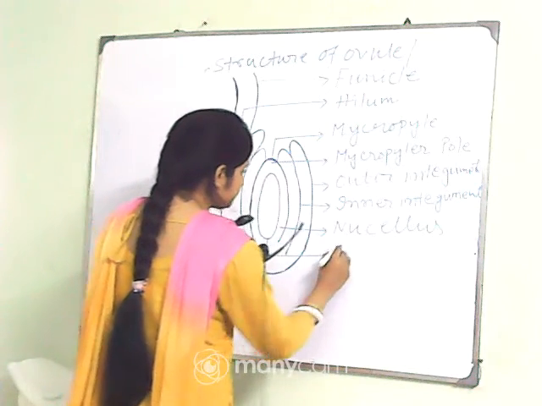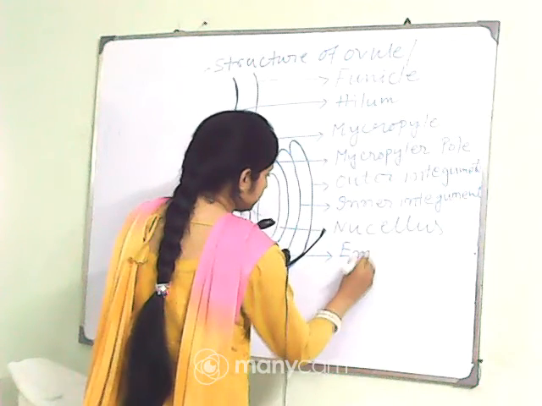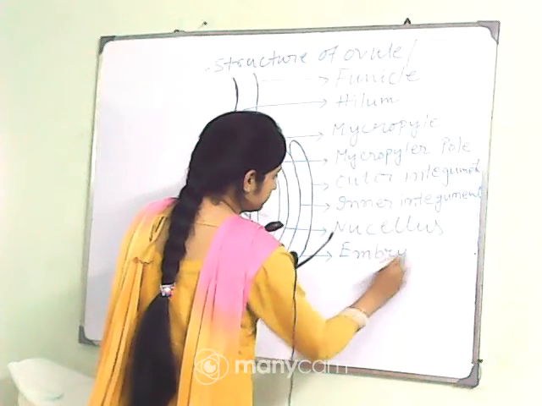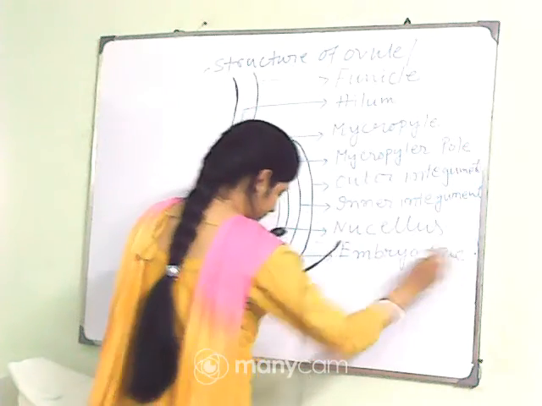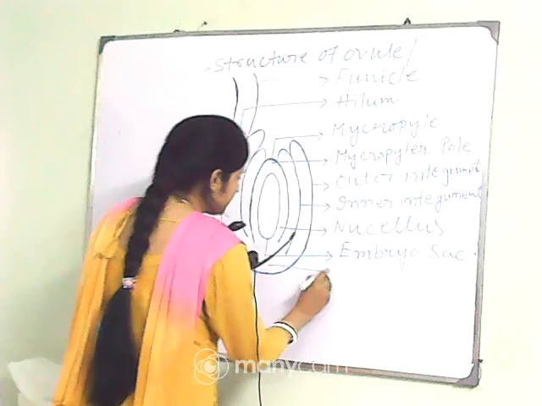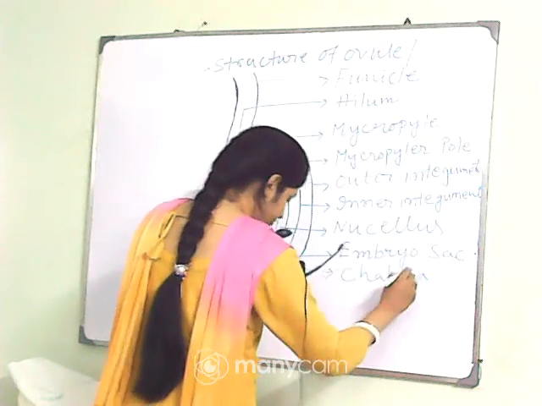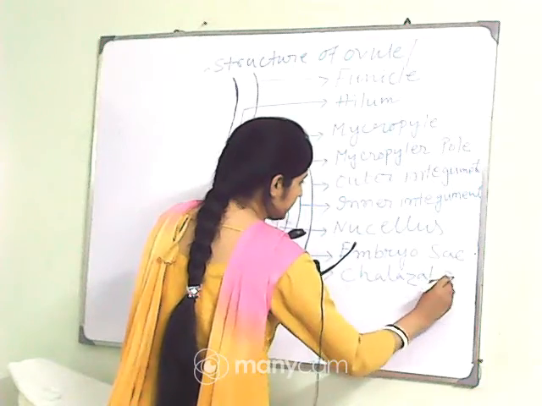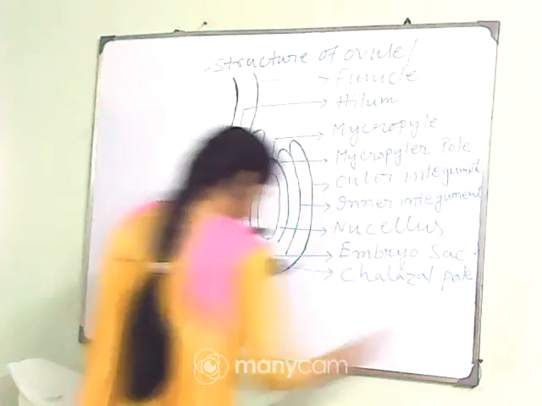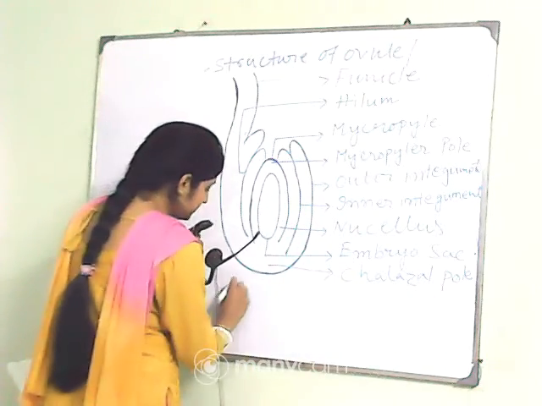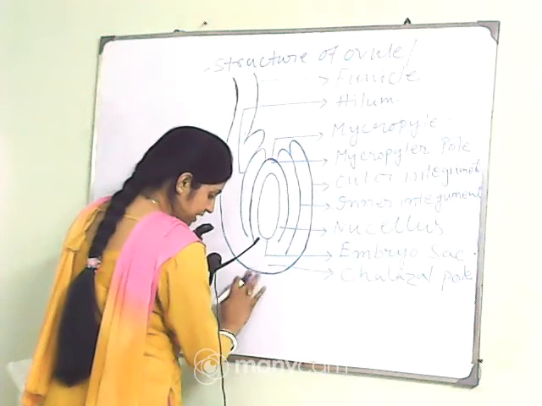This egg-like structure is known as the embryo sac, and that is called the chalazal pole. This part is known as the chalaza and this pole is known as the chalazal pole. So this is the structure of the megasporangium.